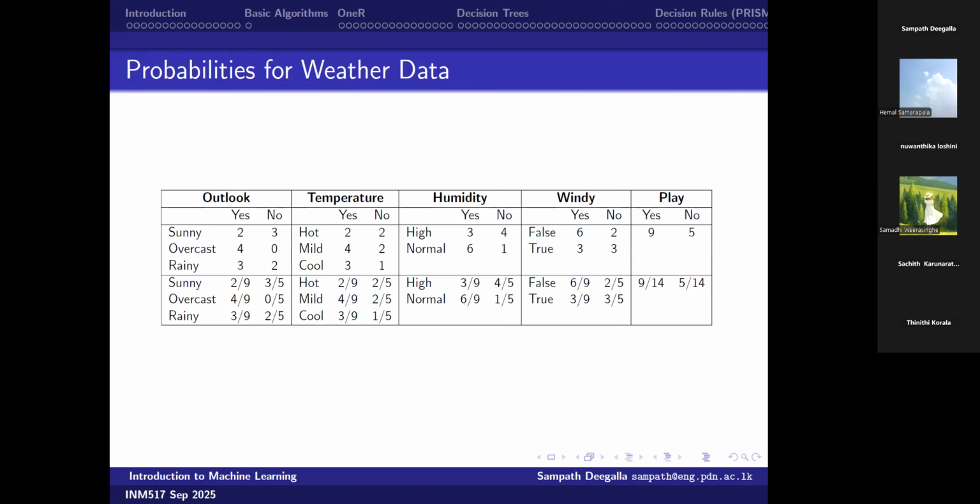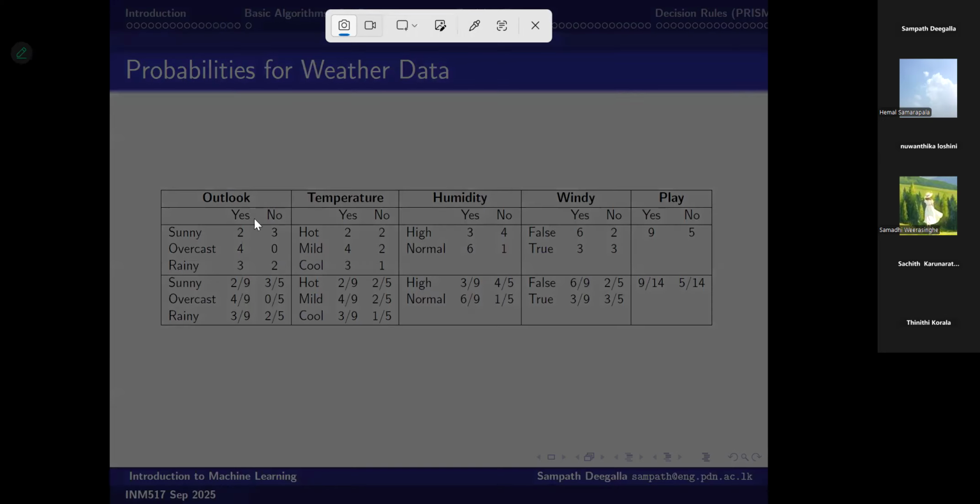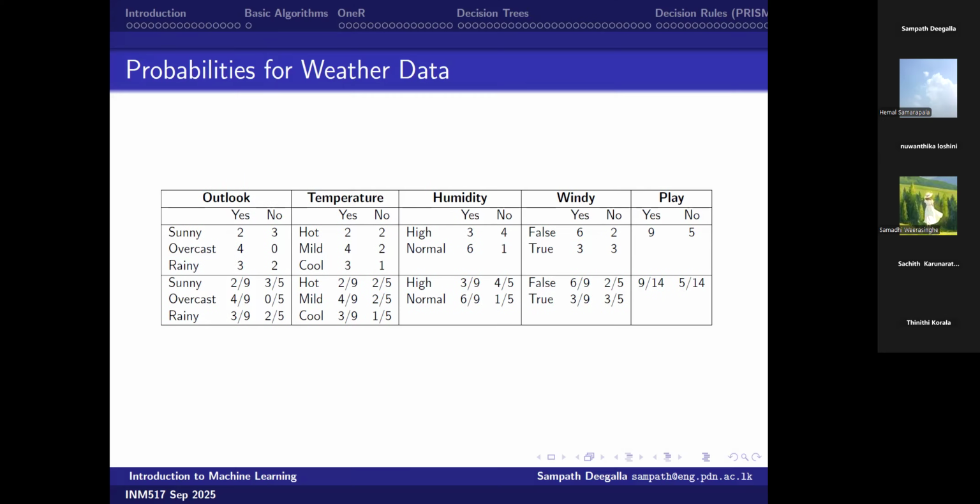I think this is the first one. So let's take a copy of this because we need it. I'm going to share. We have the data set and we have the table as well. Let's move on.